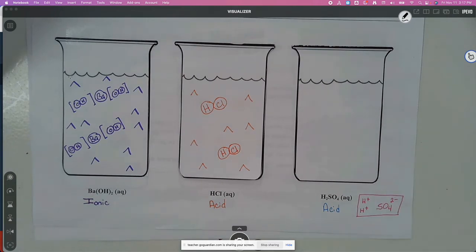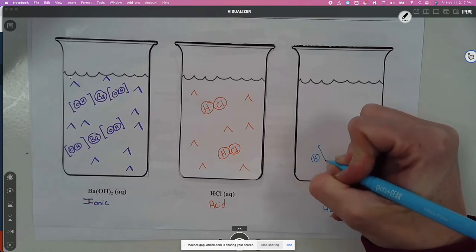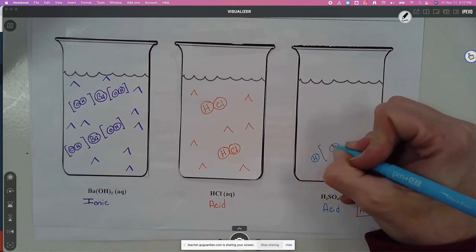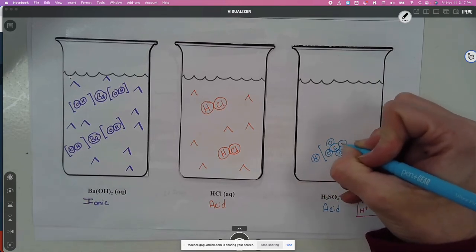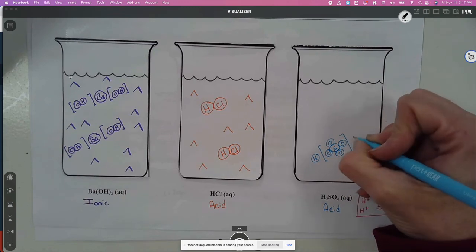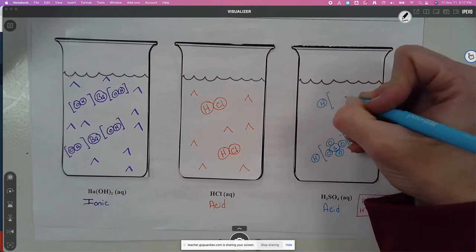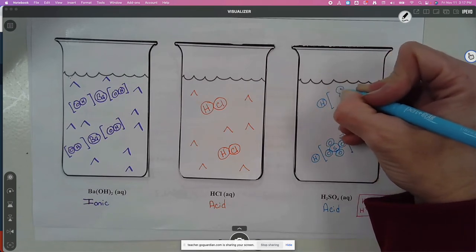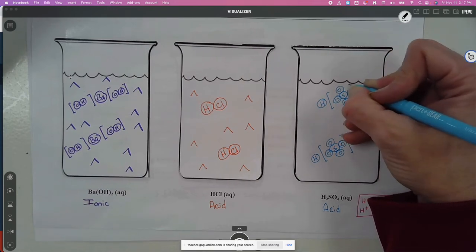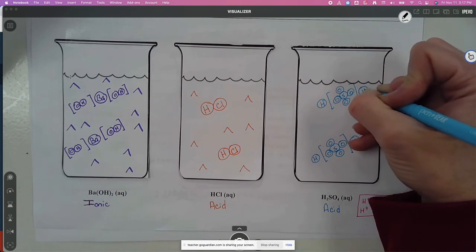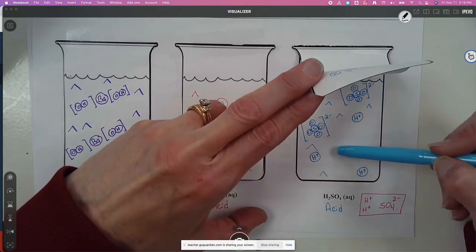And lastly, my H2SO4. From a top flap perspective, there's some H2SO4s. 1, 2, 3, 4, 5, 6, 7, 8, 9.